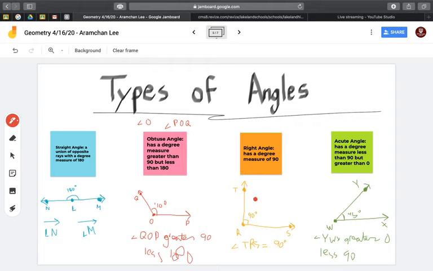This right angle can be written as angle R, or also angle SRT.